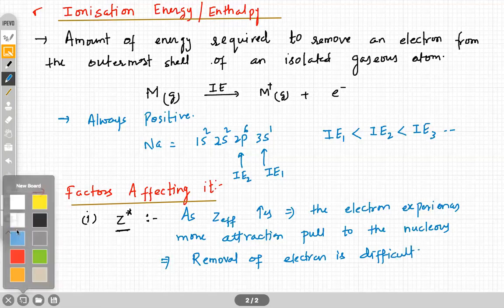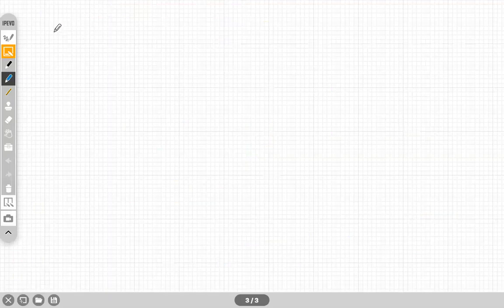So we can write this as Z effective is directly proportional to the ionization energy, more energy required for the removal of electron. Okay.